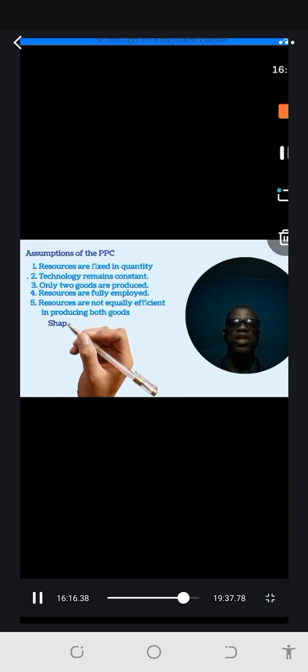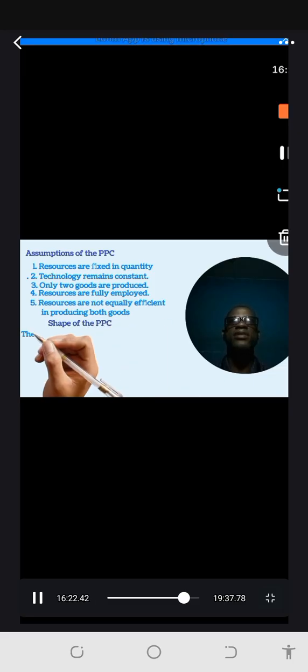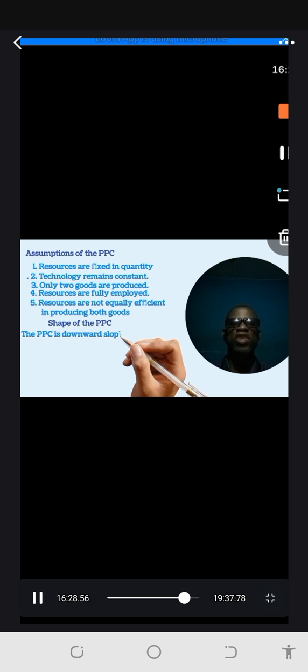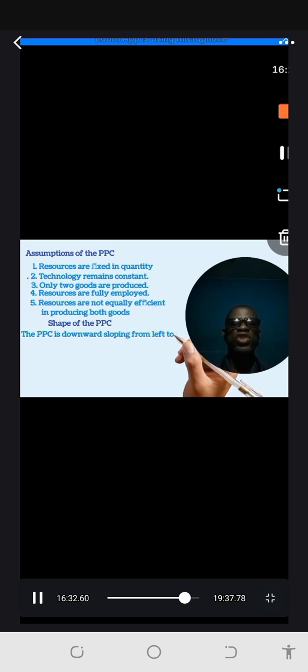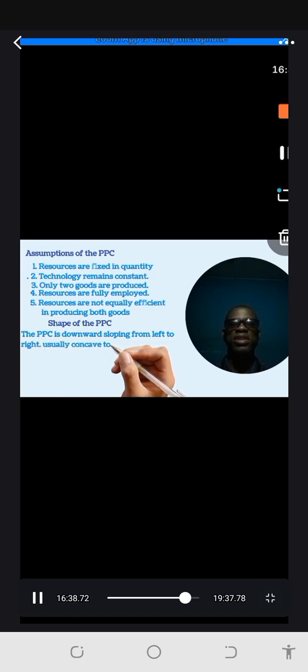For instance, if you want to produce 20 tons of cocoa, you can't assume that the same resources you will use in producing 20 tons of cocoa is the same you will use in producing 20 tons of groundnut.